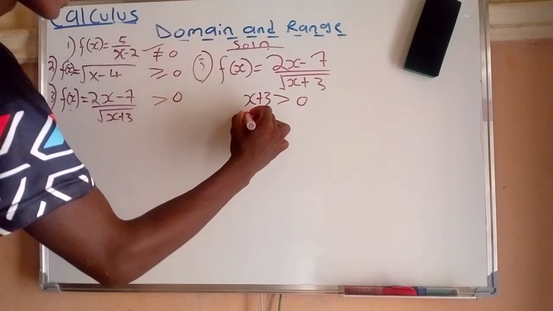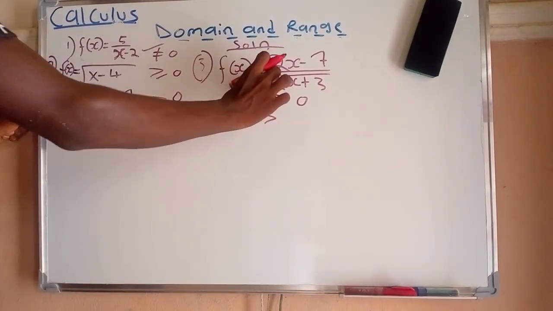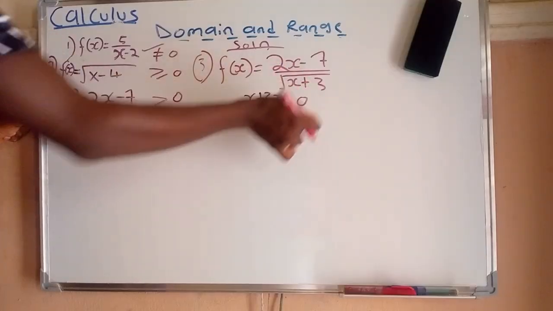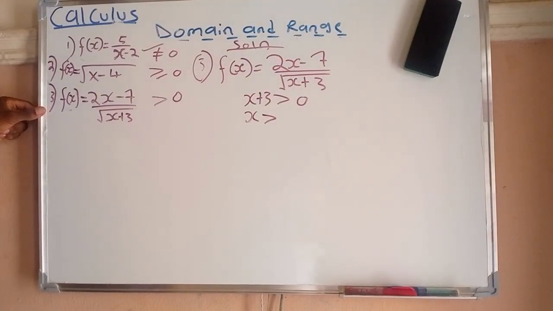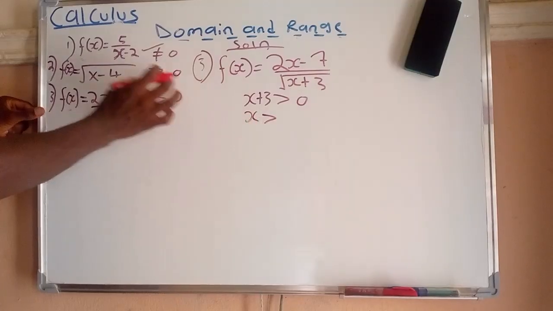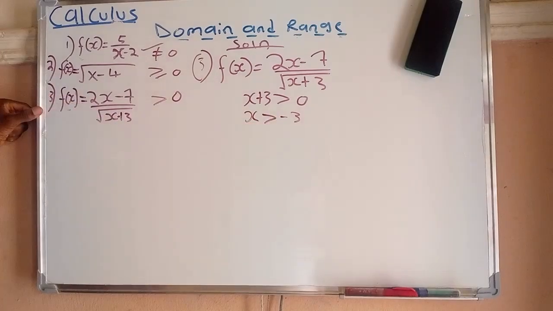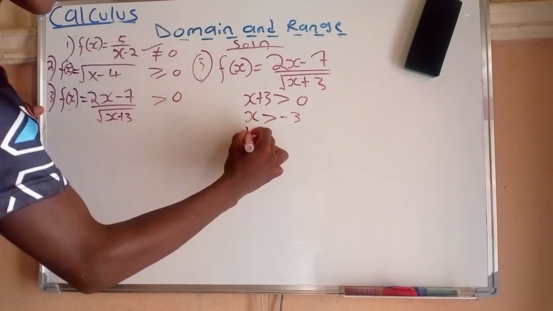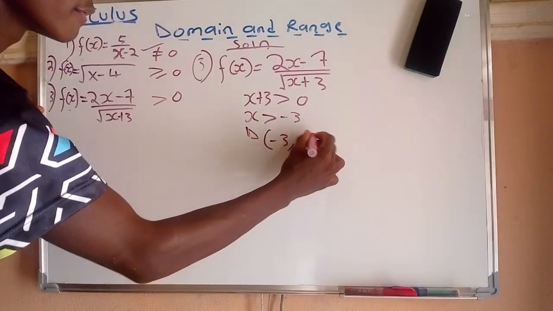So x is greater than, when positive 3 crosses the sign, it changes to negative 3. The final solution: the domain of this function is negative 3, comma, infinity.